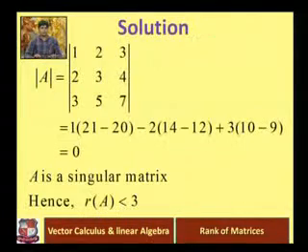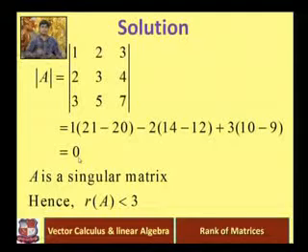First of all we find the determinant of that 3 by 3 matrix: 1 into (21 minus 20), minus 2 into (14 minus 12), plus 3 into (10 minus 9). So its answer is equal to 0.